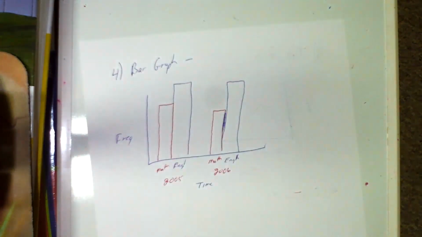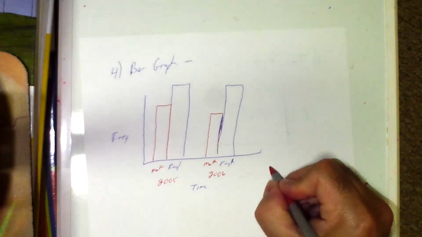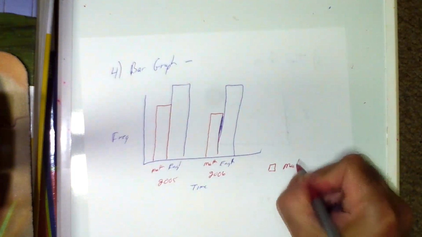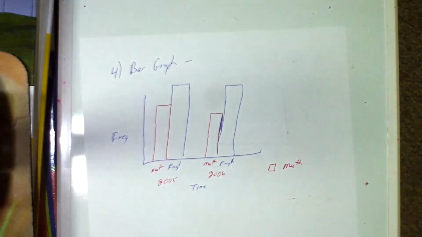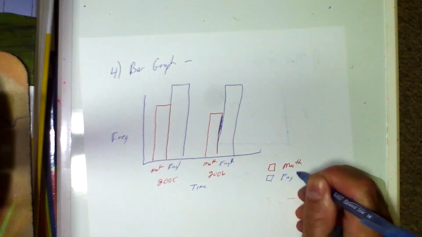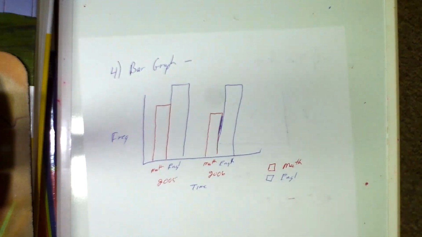And sometimes they'll have a legend saying that red is math and blue is English. And remember, for a histogram, you're only graphing one single variable. You know, you're doing weights of patients.